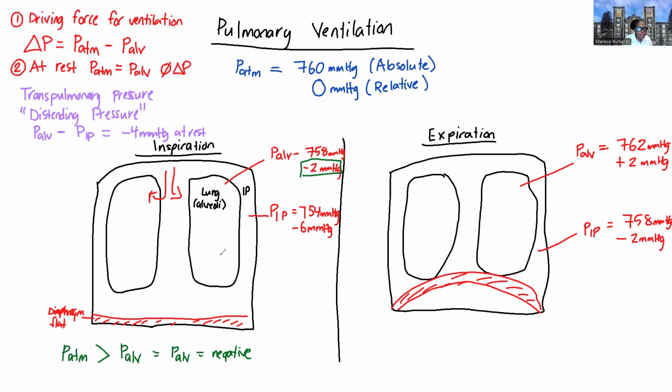So again, let's summarize here. The alveolar pressure in this case must be greater than the atmospheric pressure, which means that the alveolar pressure must be positive, right? Which we can see that it is here. All right.